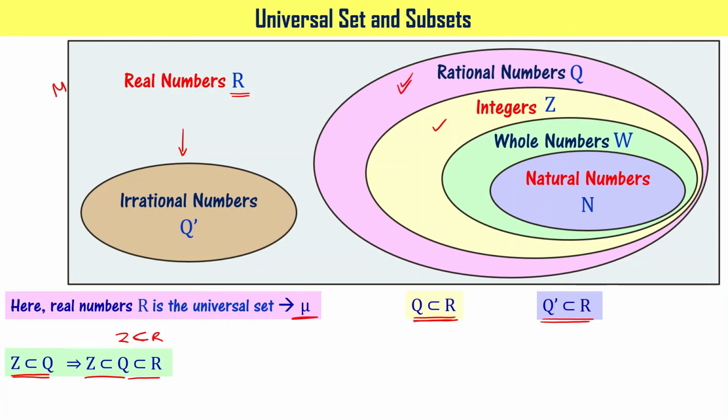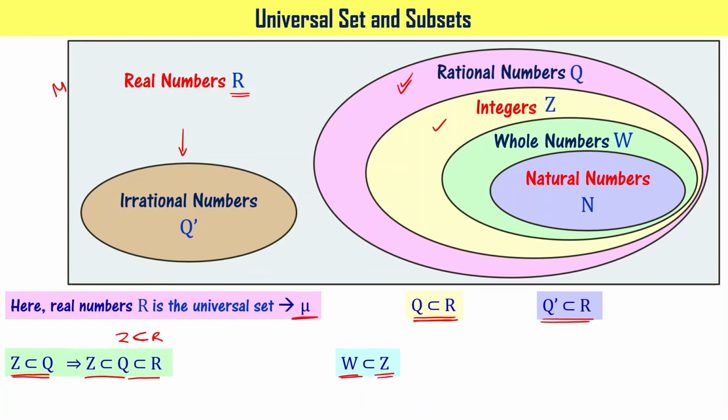Now, let's look at the next one. W, that is whole numbers, is a subset of integers, right? Whole numbers are 0, 1, 2, 3, 4, 5 and so on. Integers have many more numbers, -1, -2, -3 and so on, right? So you can say that whole numbers is a subset of Z, right?